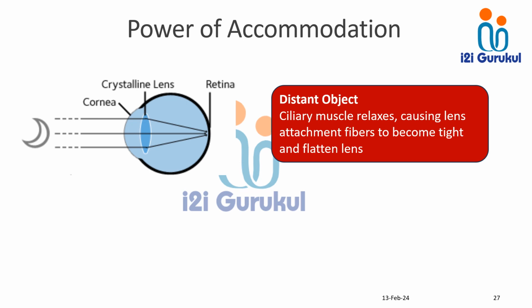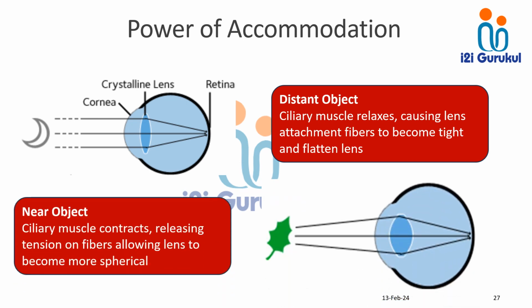While focusing for distance the lens gets flattened. In the second picture, when seeing near objects the lens will increase its power and the ciliary muscles contract. That is what we call accommodation. The lens gets flattened for distance, and for near objects the lens gets more convex, or more spherical, in power.